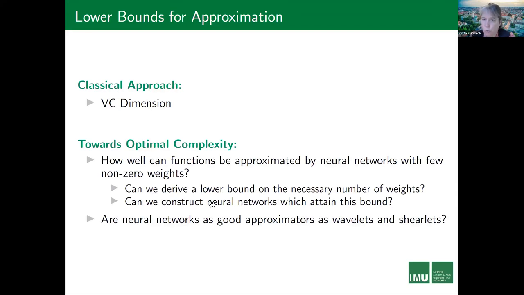But what I'm also interested in is I would like to know if neural networks are as good as what people have done before, as previous approximation schemes, like wavelets and shearlets, like we saw. And so with this approach, which I would like to show you, we can answer all those questions. We can create memory optimal neural networks, and along the way, we can show that neural networks perform at least as good as all those previous ones.